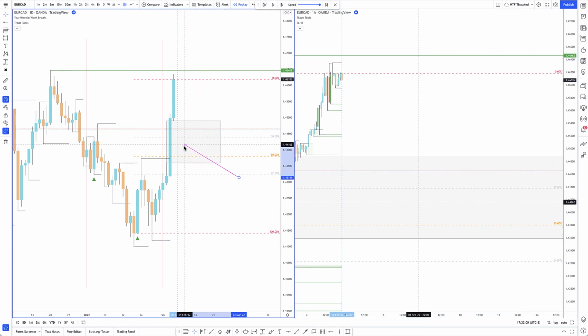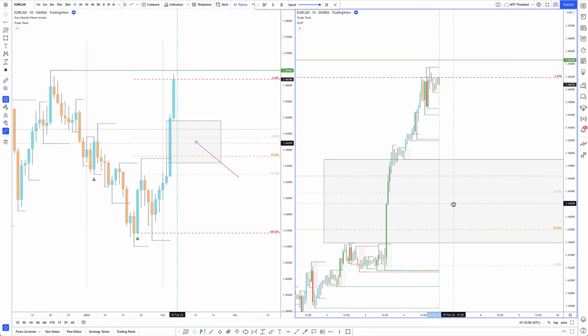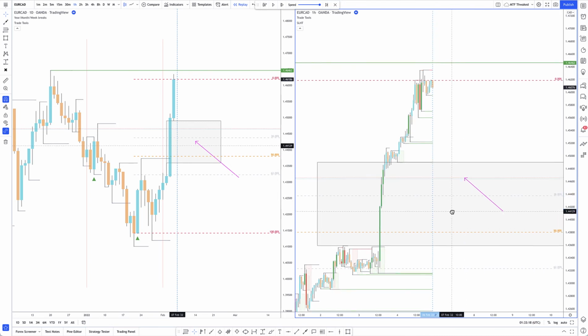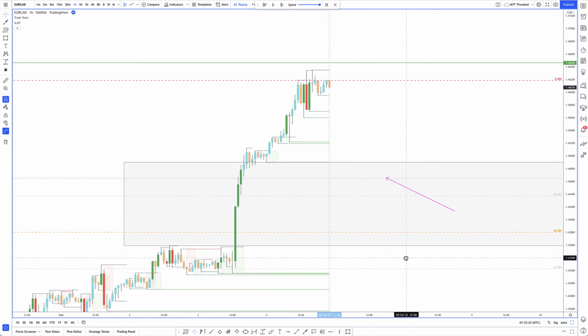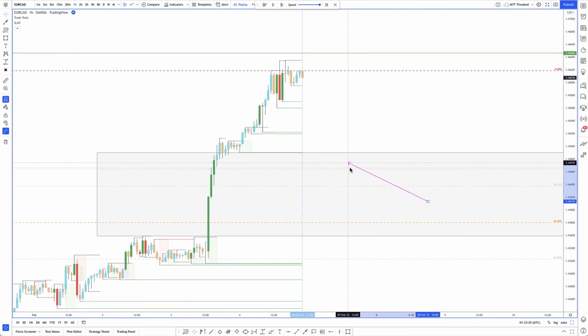When the fair value gap was formed, this is how the day looked like, and our anticipation was that price would come in here and then go back to this old high. Now let's start playing the price forward on lower time frame and see how it plays out. Remember, again, we want the price to come and touch this area and then form a bullish breaker for us to be interested in taking the price forward.